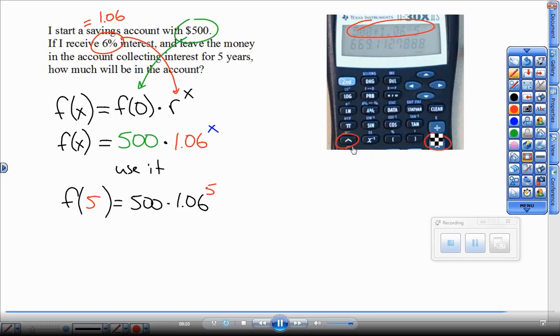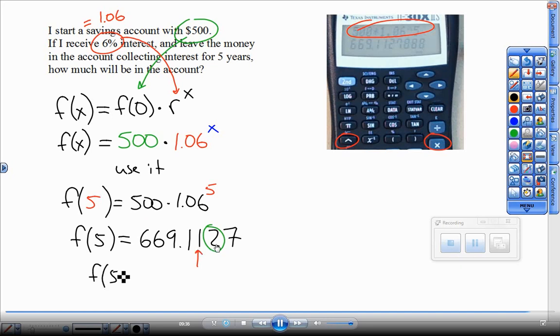That gives me the fifth term, or after 5 years, $669.1127 is what I'm going to write. I'm rounding for money here, so I'm rounding to the hundredth spot, looking at the number to the right of it. If that's 4 or less, leave that rounding number alone. If that was 5 or more, that would go up by 1. It's not. So leave the 669 alone and the 11 cents. That is how much is in the account.